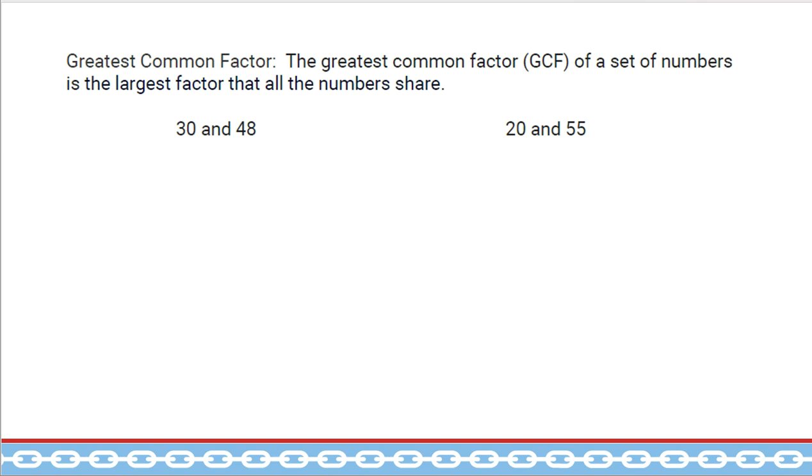Now that we've done that, we have greatest common factor. Right, so the greatest common factor of a set of numbers is the largest factor that all the numbers share.